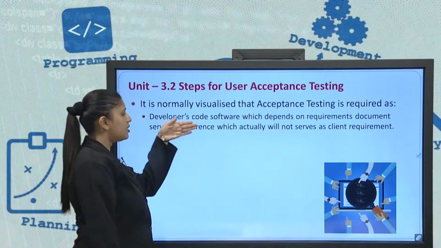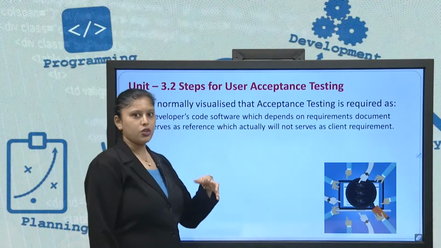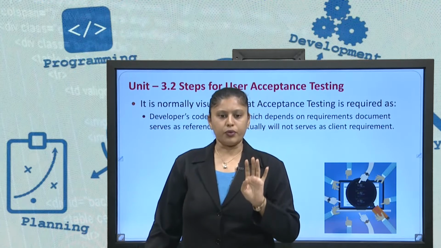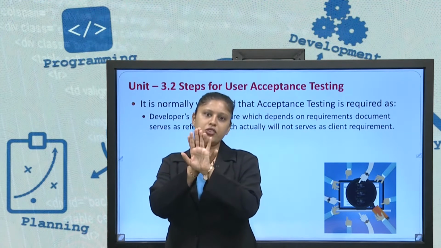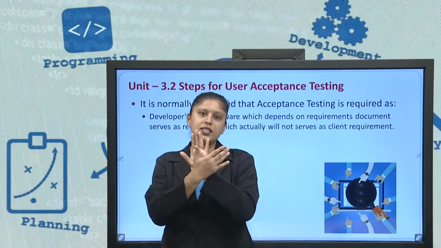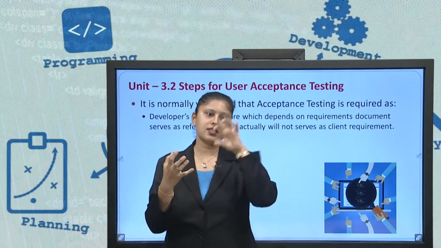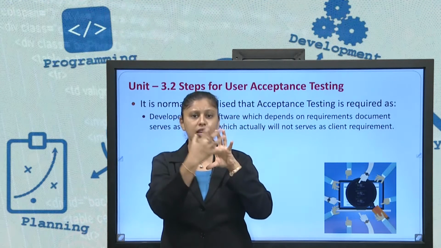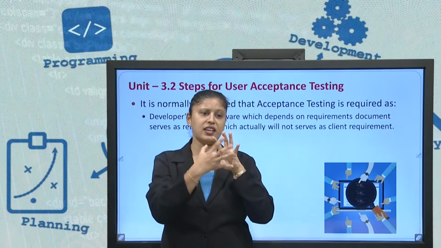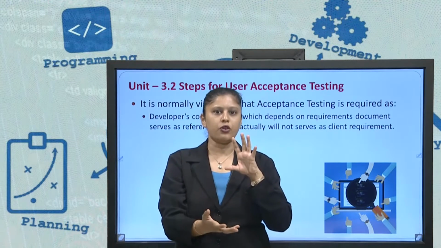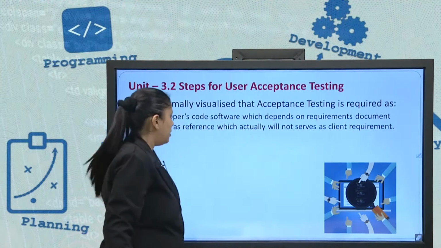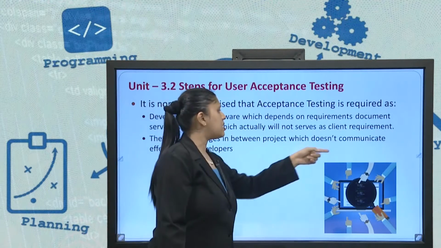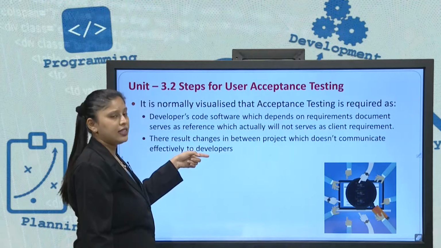So whatever my developer has done, the coding of that software, serves as a documentary for my user, which will say that yes, this particular code will serve this particular thing, and whether that particular thing is being analyzed, designed, and given as an output to my user or not.